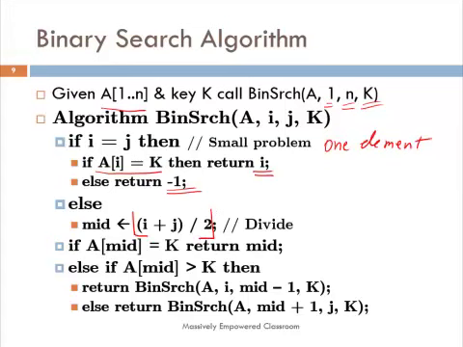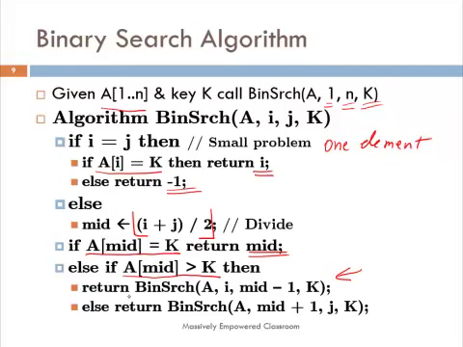We find the midpoint of the array and we start comparing the midpoint to the key element. If it happens to be equal, wonderful. Return the index mid as the successful value for binary search. If it is not equal, there can be two cases. Either the value there is greater than the key. That means we have already gone too far. We need to look at the first half of the array, we need to move left in this case.